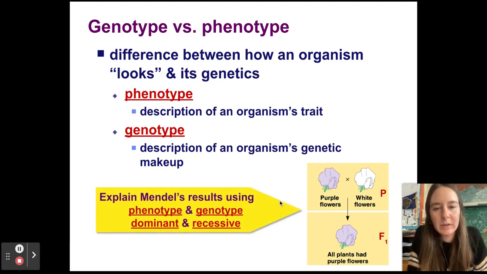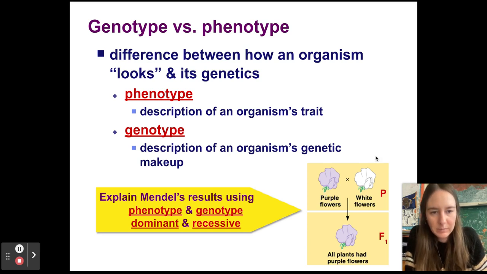So let's use Mendel's results and let's use the words genotype and phenotype. What is the phenotype of this flower right here? Describe its traits. Well, the phenotype is that it's purple, right? What is the genotype? What are the alleles that it has? That might be a little trickier. We'll come back to that. What is the phenotype of this one? White, right? What is the phenotype of this flower?